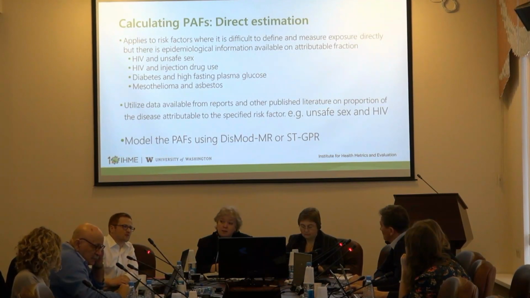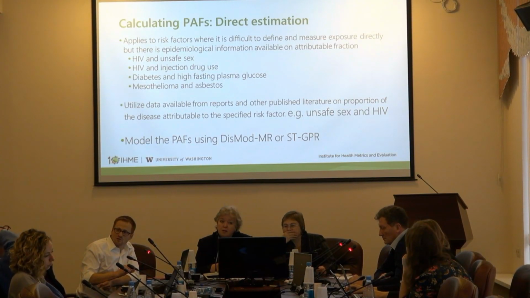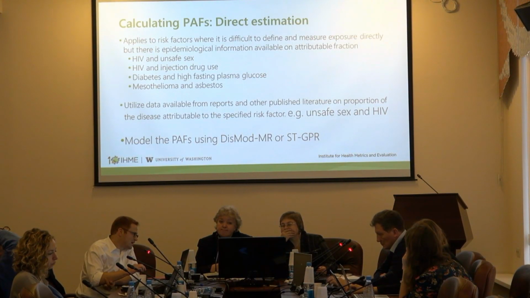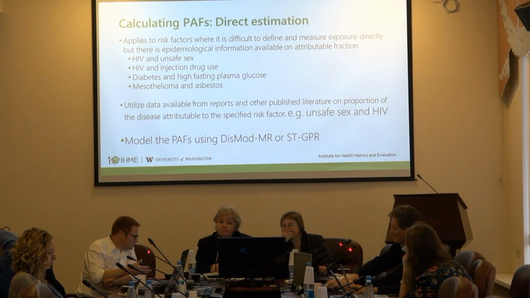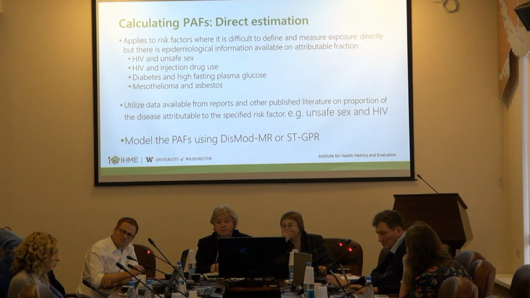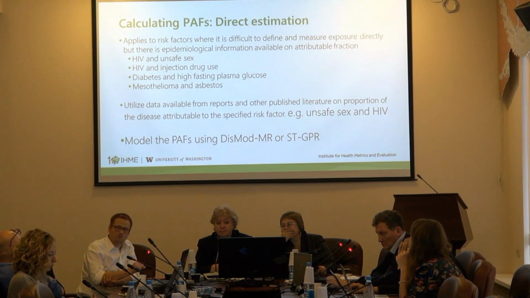There are a few risks for which we do direct PAF estimation. These are risks where we don't do exposure and relative risk estimation, but we actually directly estimate the PAF. HIV and unsafe sex is the most common, this is a common example that we use. There's actually a lot of research out there that gets at people who have HIV, what the most likely path of acquisition was.